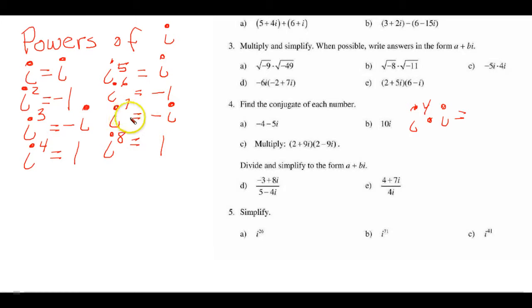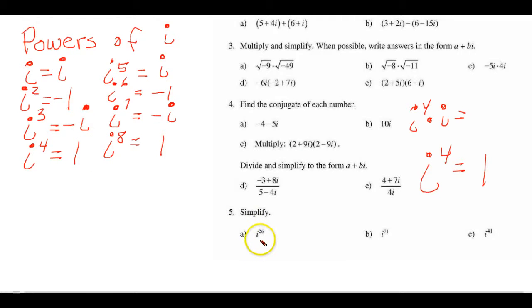So what I've briefly shown you is that there is a recycling of the powers of i. For every i to the fourth that you have in something, that's a 1. So if you take out all your i to the fourths in something, those are just going to be 1s. And then you're left with some power of i, which you use this scale for.